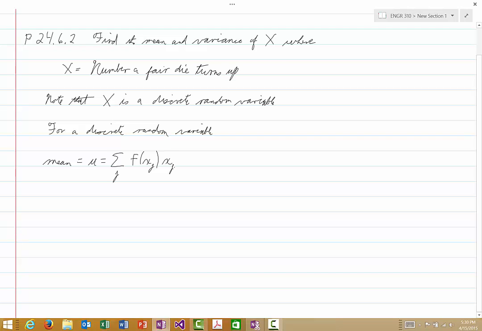And this is over all the possible values that the random variable can assume. These little x sub j's are the different values that the random variable x can assume.